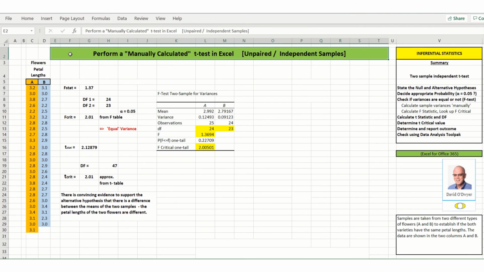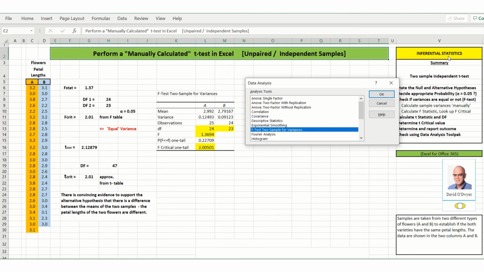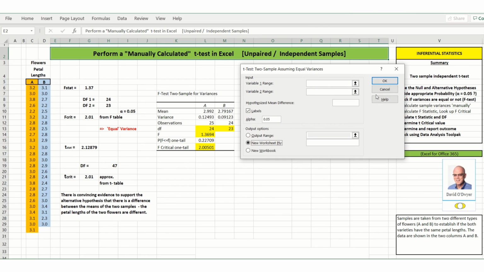Having confirmed our figures for the F-test using the Excel Data Analysis ToolPak, we now want to check to see if it also agrees with our t-statistic calculations. So to do that, we go again to Data and then Data Analysis, and we go down to t-Test: Two-Sample Assuming Equal Variances, which we established using our F-test earlier. So we say OK, and now we need to fill in the various boxes much as we did before.